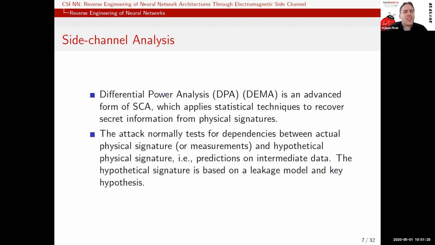And side-channel analysis has many techniques that one can use. I will only mention differential power analysis, commonly known as DPA, or differential electromagnetic analysis, commonly known as DEMA. They are advanced forms of side channels, and they apply statistical techniques to recover secret information.